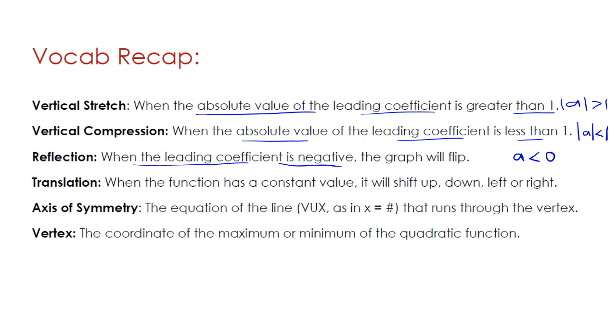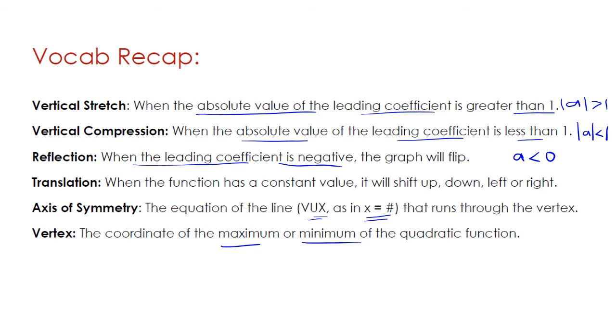Axis of symmetry: the equation of the line is going to be x equals a number, and it will always pass through the vertex. Vertex is the maximum or minimum of the quadratic function. Also, let's repeat that part one more time.